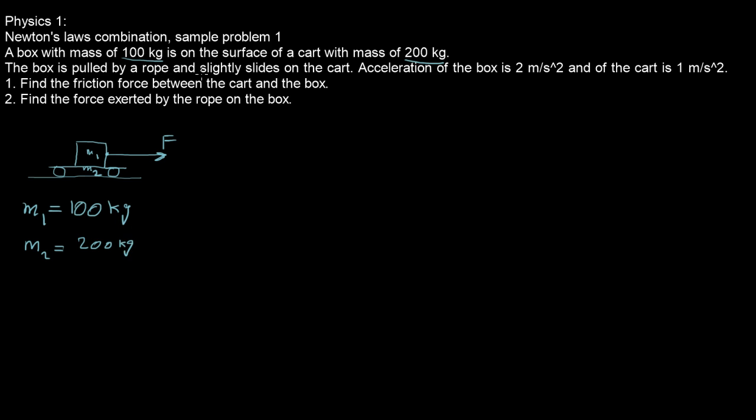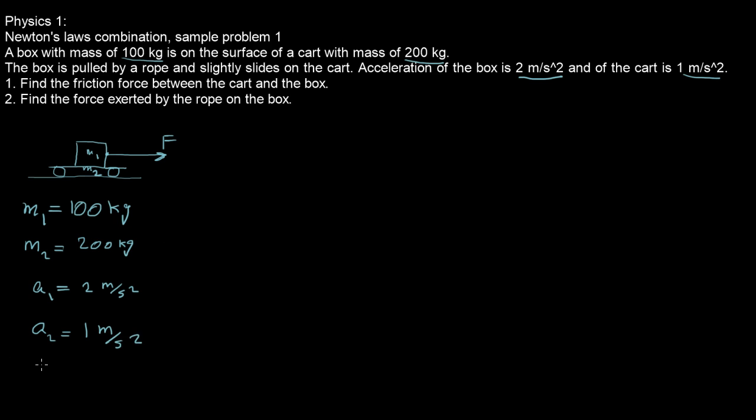The box is pulled by a rope and slightly slides. Acceleration of the box, so 1 refers to the box, is 2 meters per second square. And acceleration of the cart is 1 meters per second square. So A2 is 1 meters per second square.